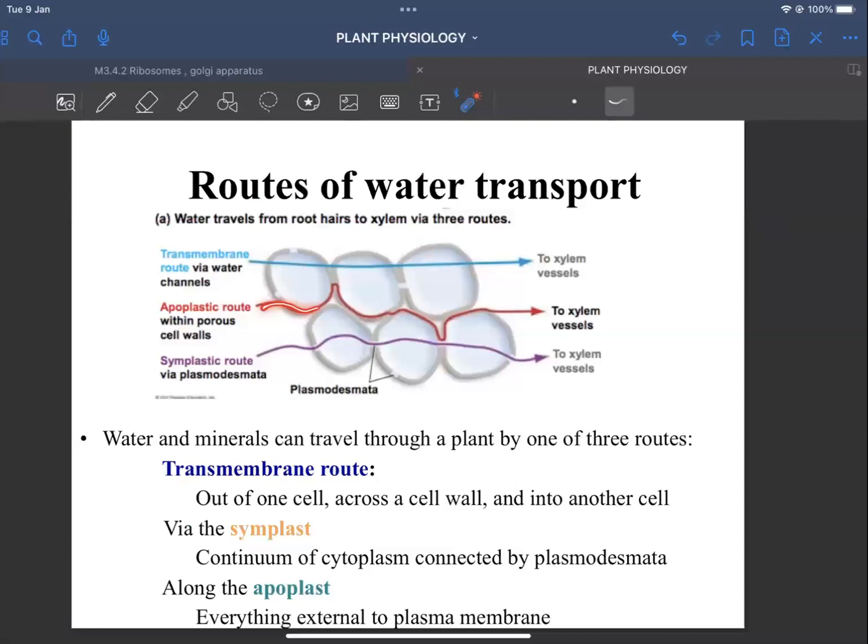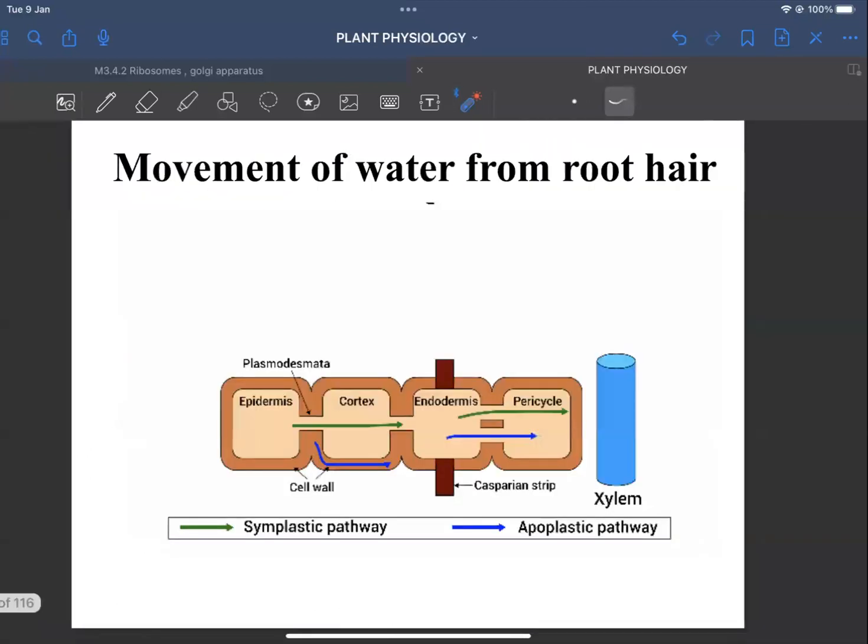The cell wall is really fibrous, but there are still some really tiny pores, a little passage along the cell wall allowing the water to go through. So this is the movement of water from the root hair.